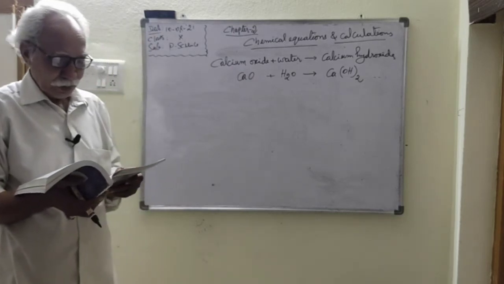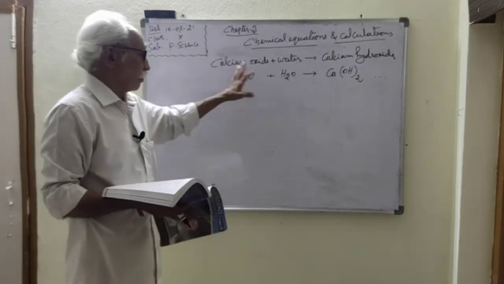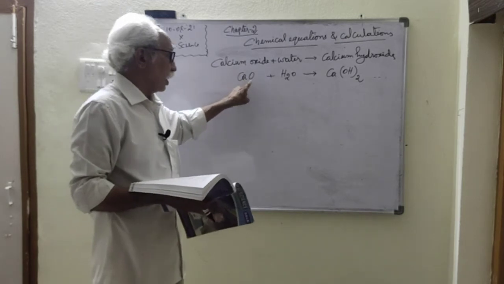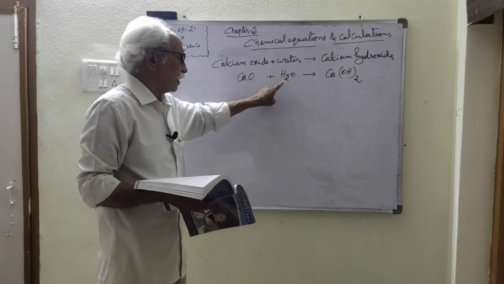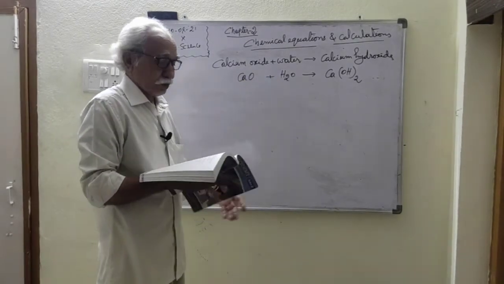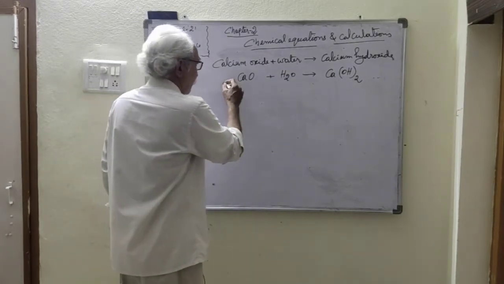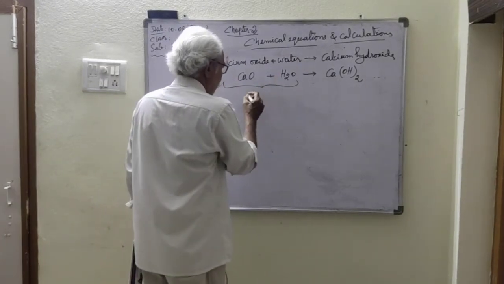In this chemical equation, the chemicals which are involved, which are participating in the reaction, are called reactants. So these two are participating, so these two are called reactants.